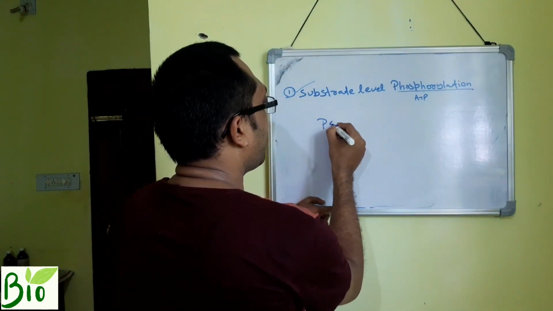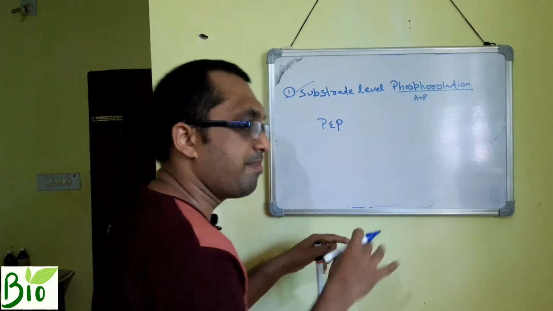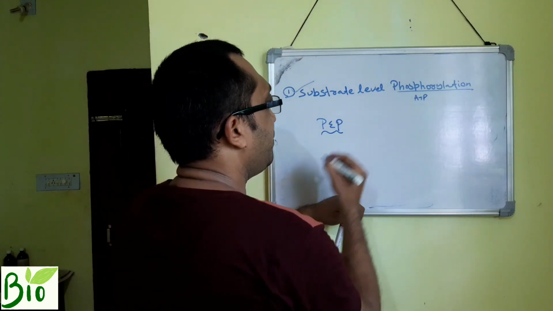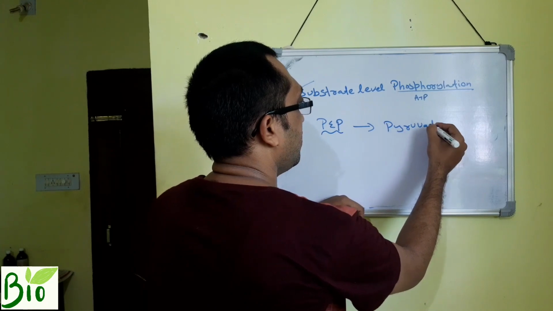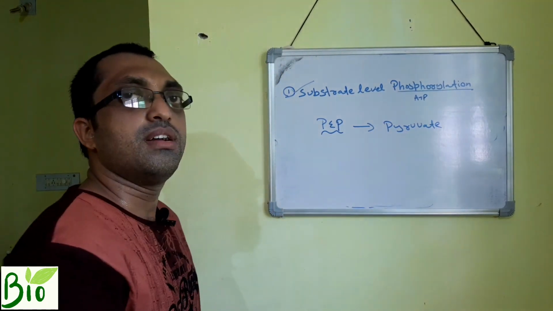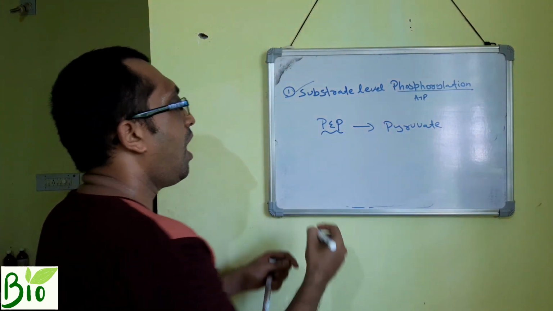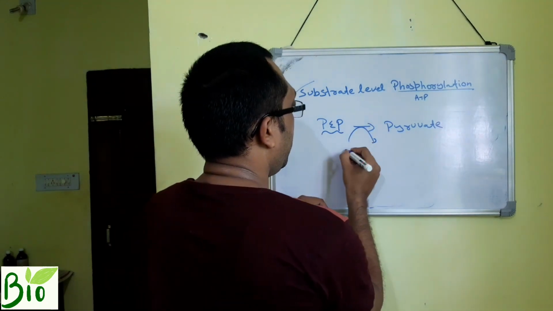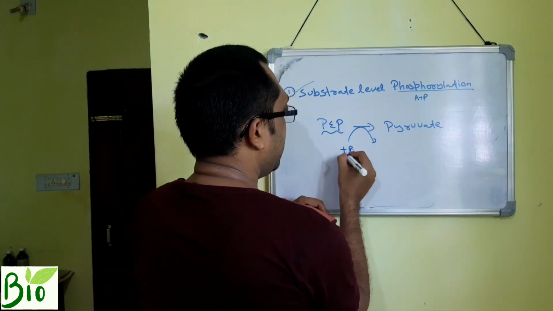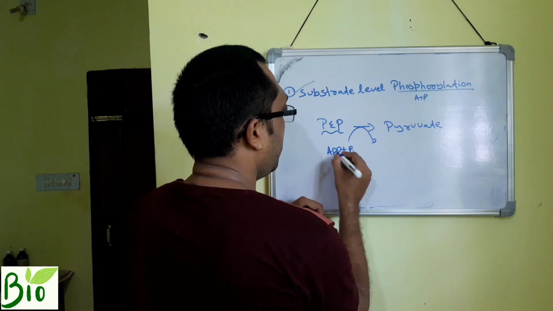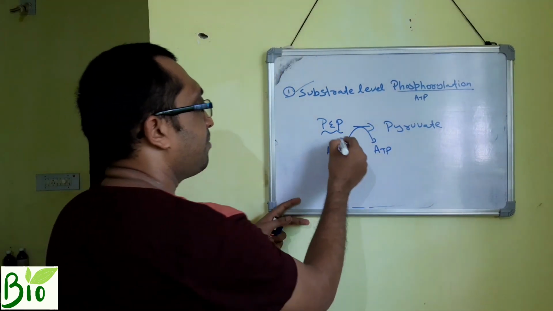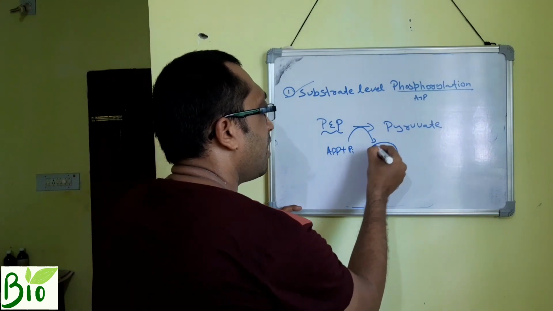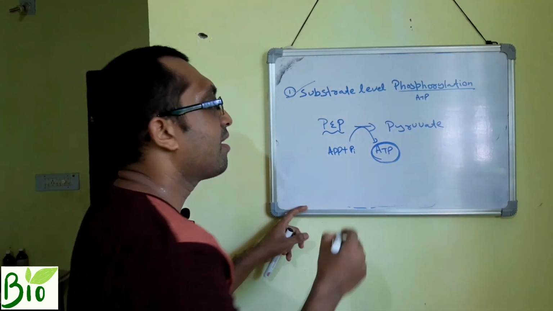You know in glycolysis, in the last step, phosphoenol pyruvate converts to pyruvate. How? Here a phosphate molecule is released and received by ADP, which converts to ATP. So where does this ATP phosphorylation occur?